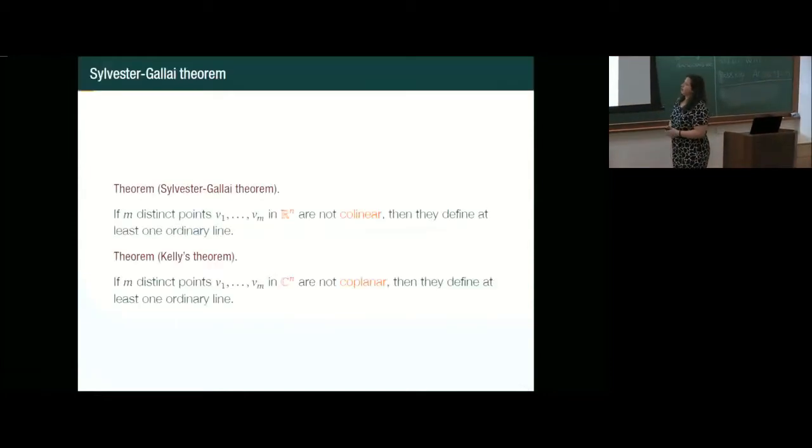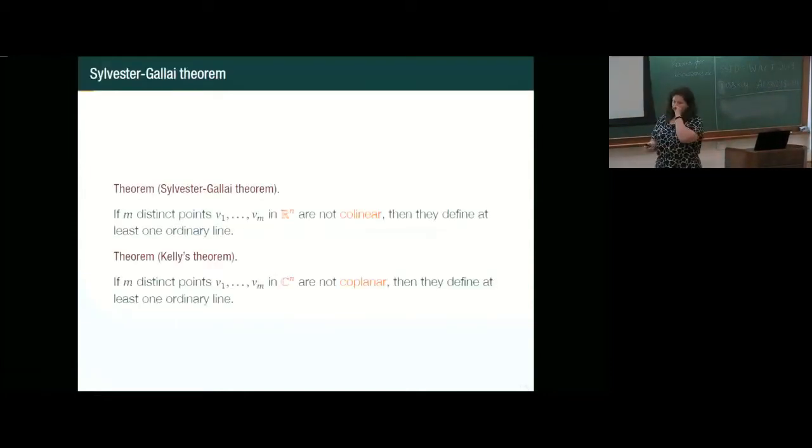I'll start with some introduction of the basic mathematical theorem, and then I'll give a motivation for the problem. The Sylvester-Gallai theorem is a very famous mathematical theorem. It says that if you have a collection of points in R^n that are not all on the same line, then there is one line that passes through exactly 2 points, not 3 points.